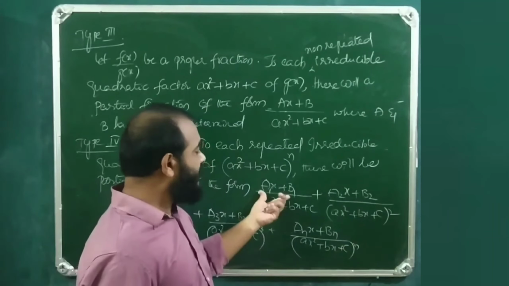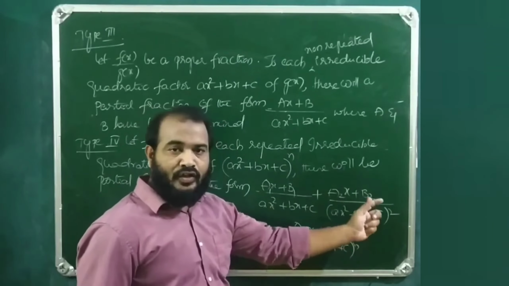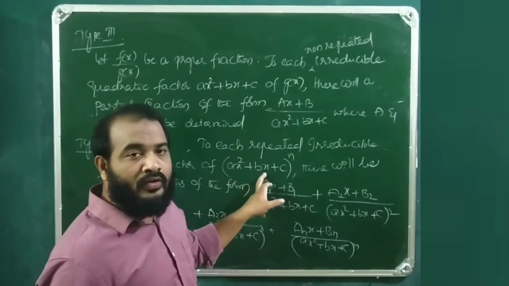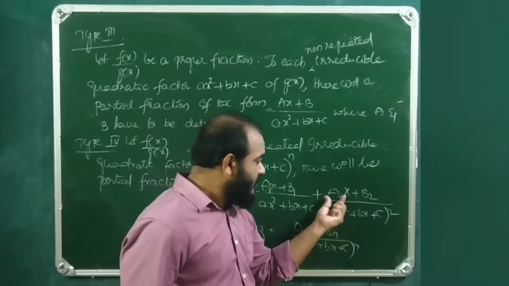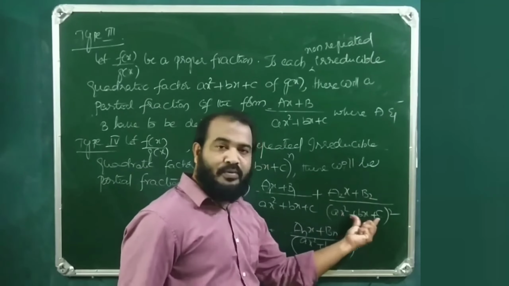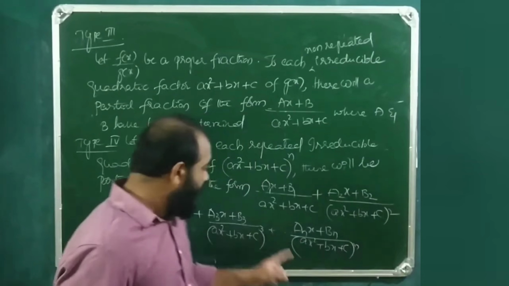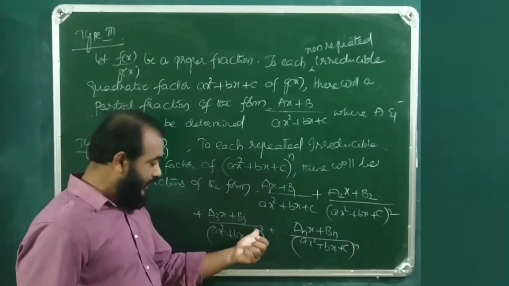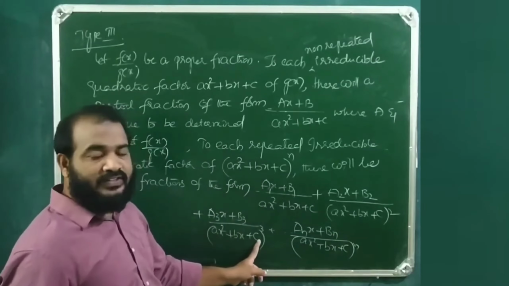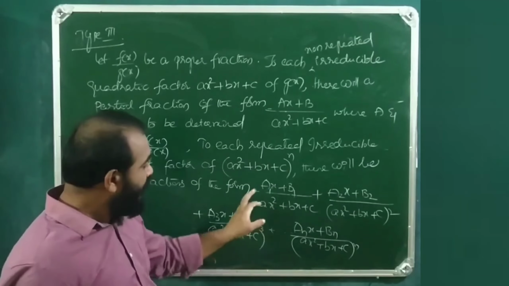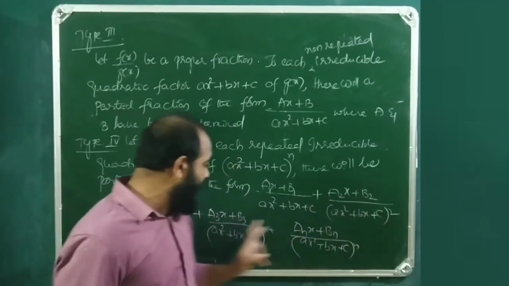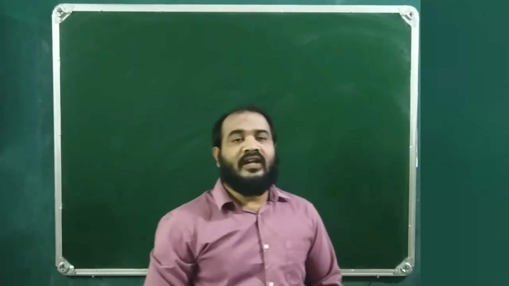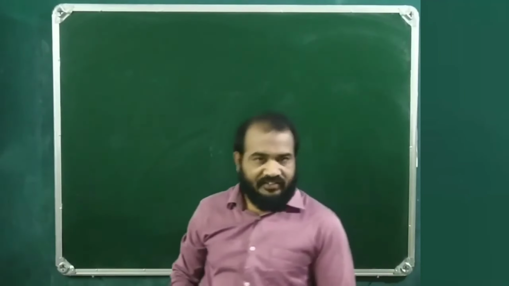That's why, if it is 3 times repeated, it is cx plus d by ax square plus bx plus c whole square, then ex plus f by ax square plus bx plus c whole cube, where a, b, c, d, e, f are to be determined. So let us start the exercise 7b.